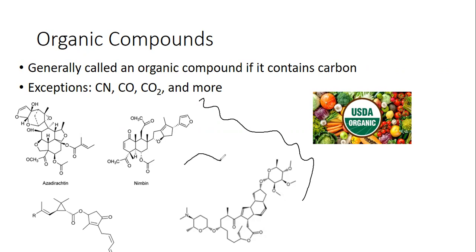Basically, anytime you see lines like that, the points on those lines just mean there's a carbon and hydrogen there. But organic food just means the pesticides that were used are organic, that is, they're only made out of carbon, oxygen, and hydrogen, sometimes nitrogen. That's what an organic compound is, and organic chemistry is basically the study of carbon.